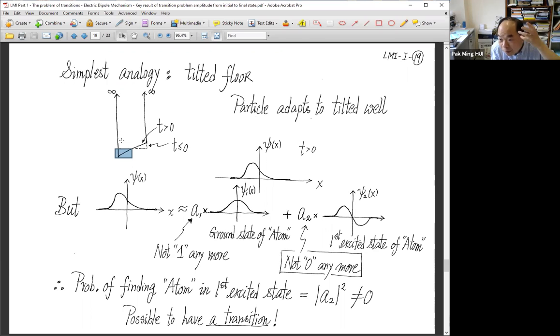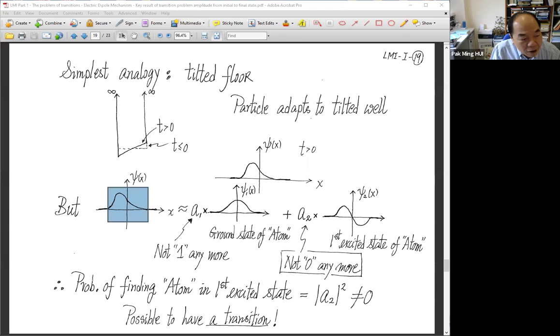So by this simple sense, the ground state should tilt a bit to the left-hand side. I try to exaggerate the point a bit here, just to make sure that you know what I'm trying to draw, okay? So guys, do you understand what I'm drawing?